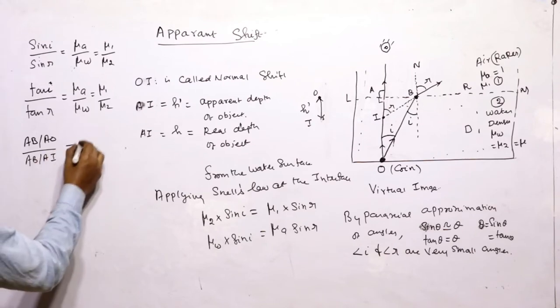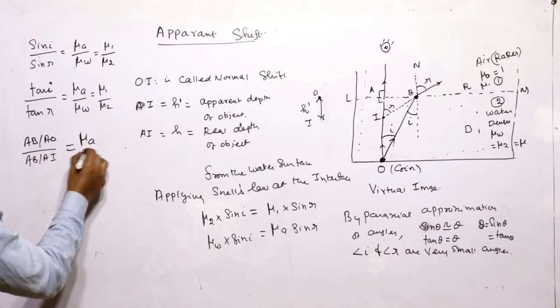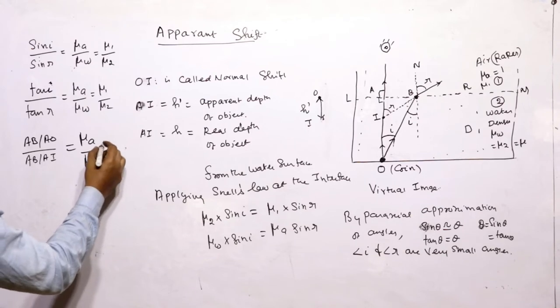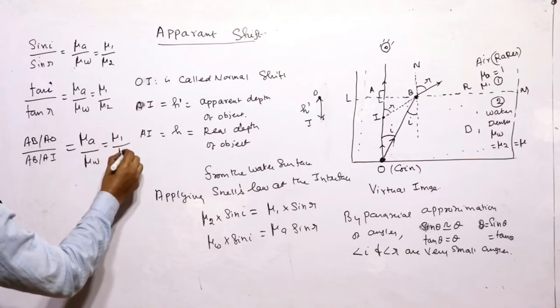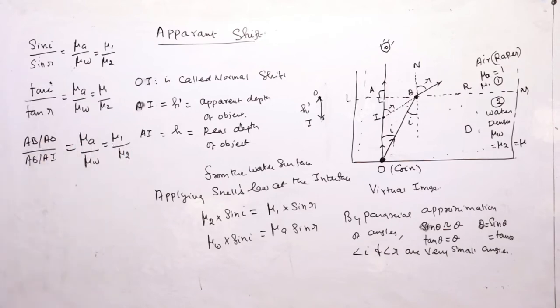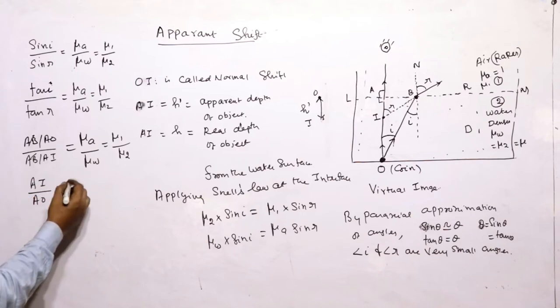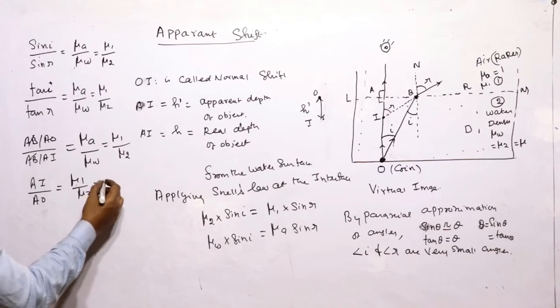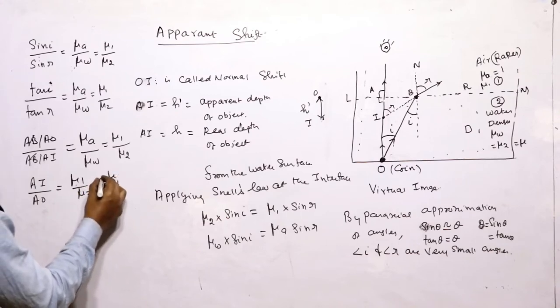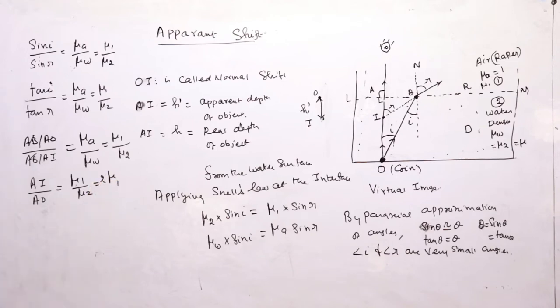This is equal to the refractive index of air by the refractive index of water, the refractive index of the first medium divided by that of the second medium. Cancelling AB, AI by AO is equal to the refractive index of the first medium with respect to the second medium, that is air with water.